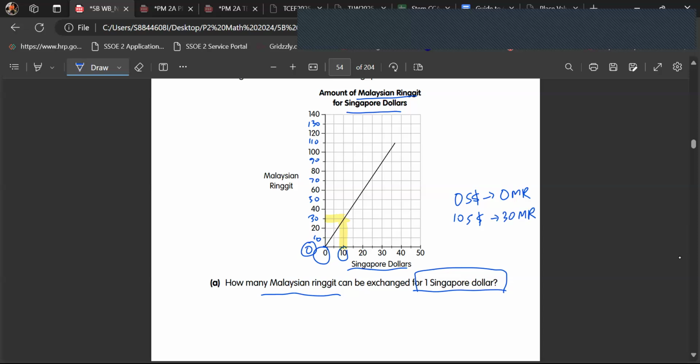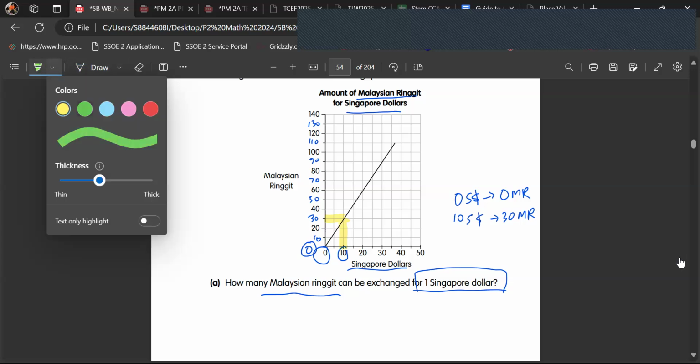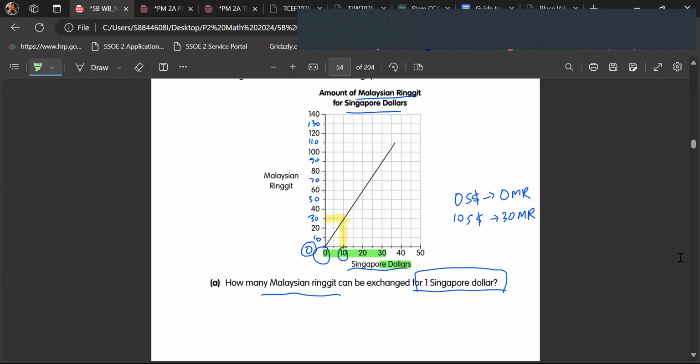Let me double check it with another measurement. Check it with say $30. So $30, how much did you get me? 90.